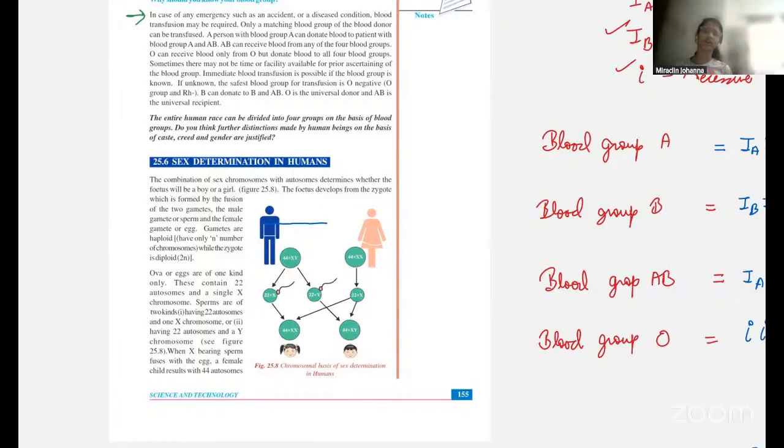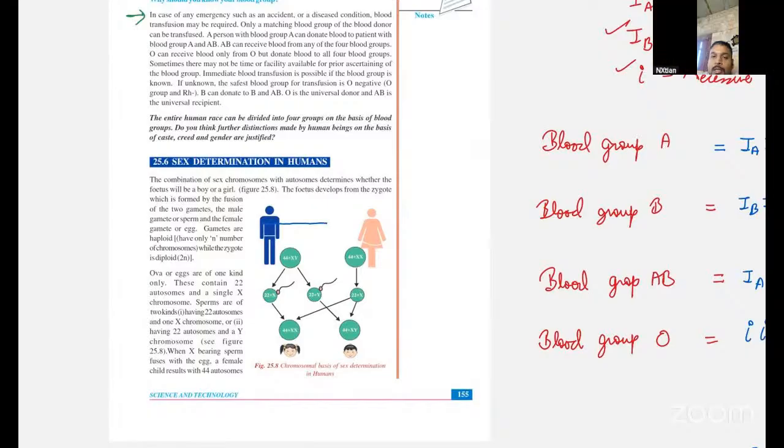Yes, sir. My father and mother are both B blood group. Then how? B blood group means capital IB and small i into capital IB and small i. So you must have B blood group. Why?